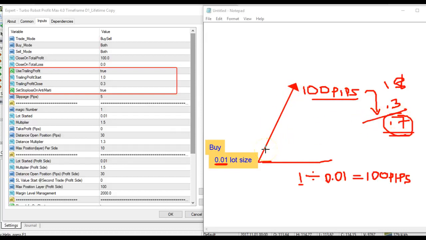But if you have a few levels here, let's say maybe 5 levels, the first level will trigger, because maybe you are on the losing side, so this is going to happen, it will have a few layers.